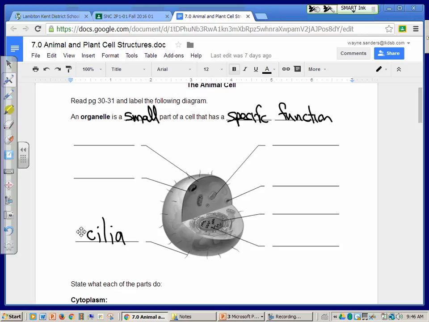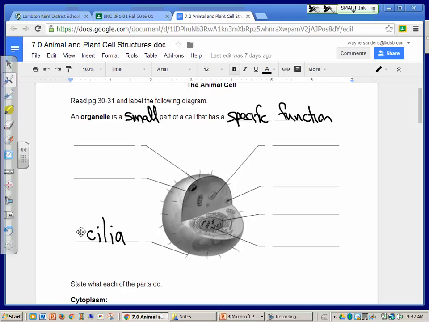are very important. They can help the cell move a little bit by moving, but they can also cause other things to move. I'll give you an example of cilia that do things that are useful. Let's say you got a little bit of a cold, like I do right now, and you get some of that good phlegm down in your throat.